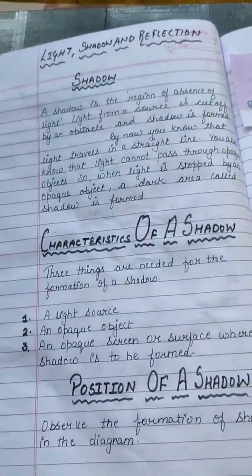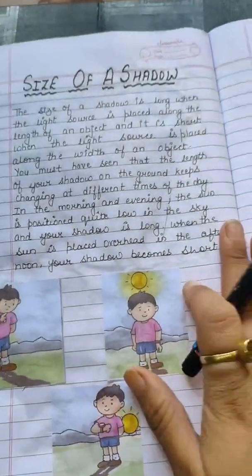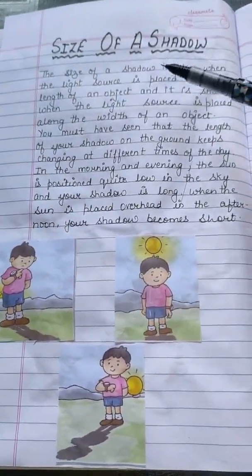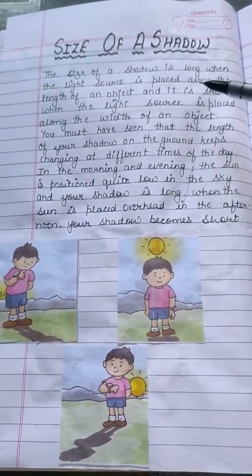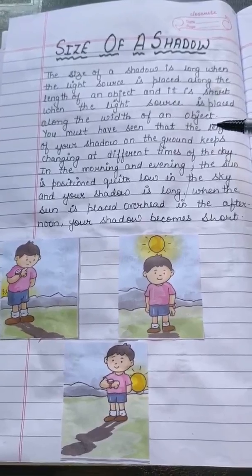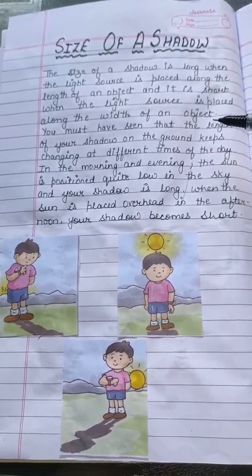Now the next is the size of a shadow. The size of a shadow is long when the light source is placed along the length of the object, and it is short when the light source is placed along the width of the object.